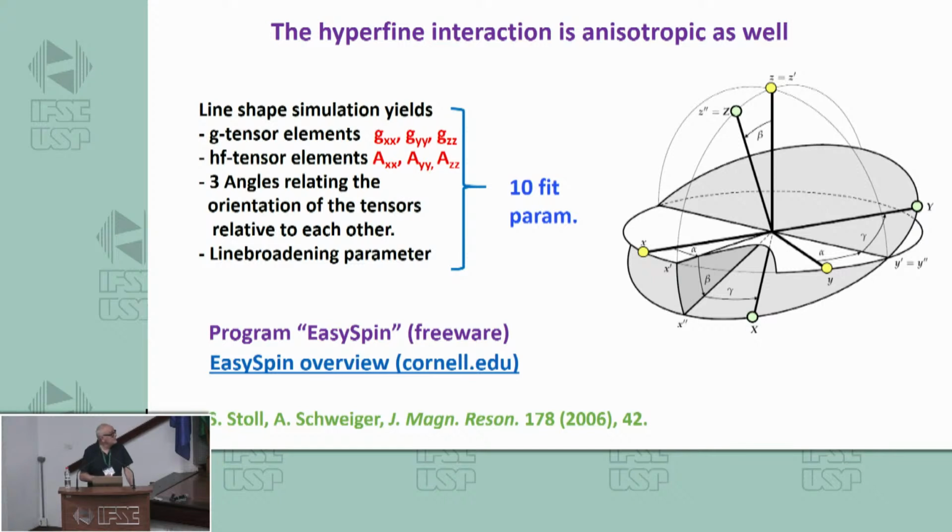So if you want to fully explain the EPR spectrum in terms of this analysis, you need to fit 10 parameters. One spectrum to 10 parameters. That's a pretty hard thing. Basically, the 9 parameters are given here, and there's a line broadening parameter.